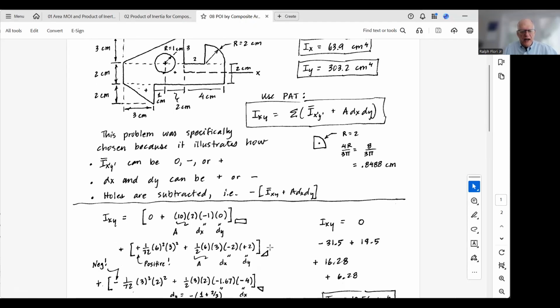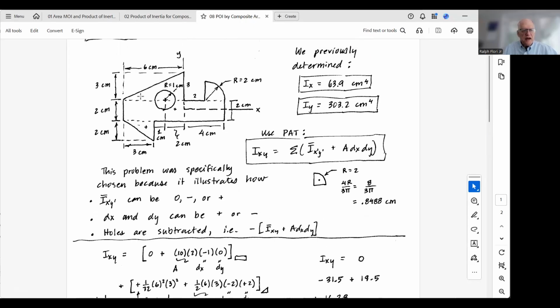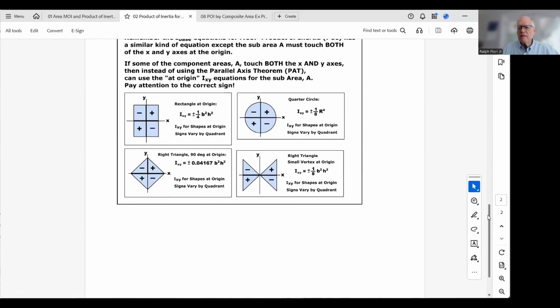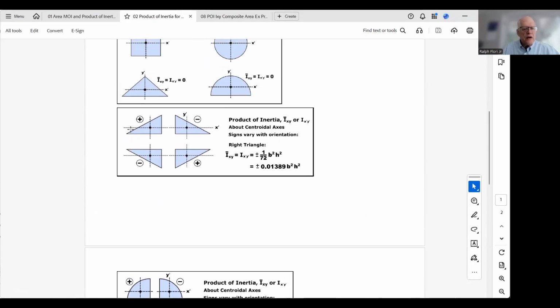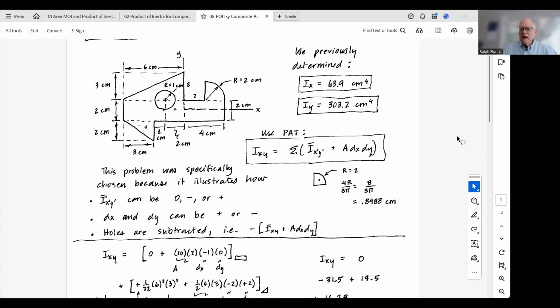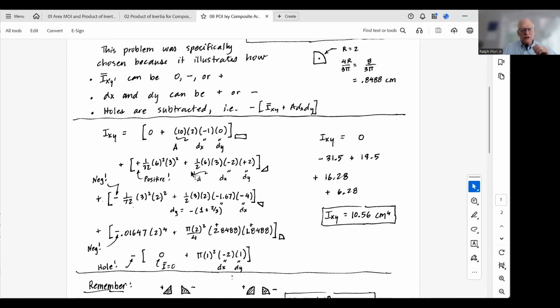For our triangle at this orientation, the large triangle up here, a triangle at that orientation has a positive sign. And so it's positive 1 over 72 b squared h squared.